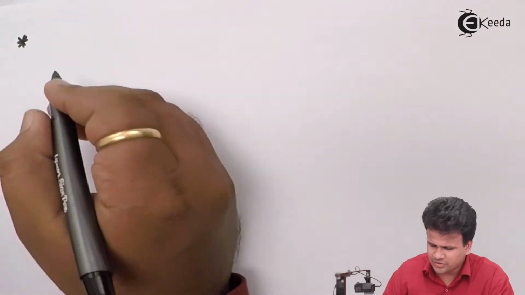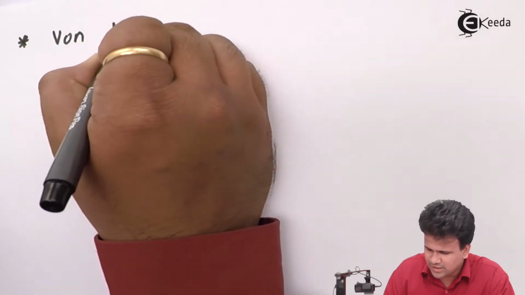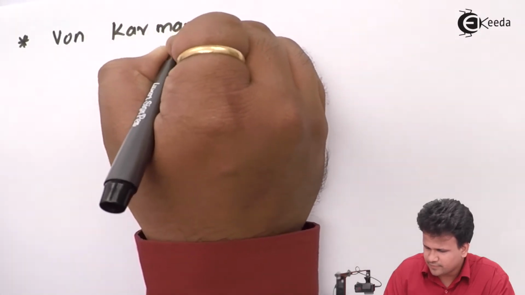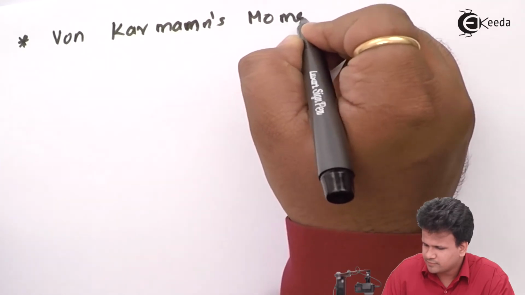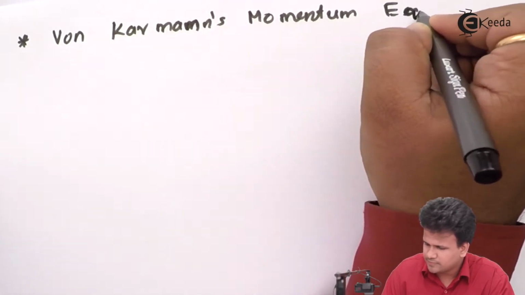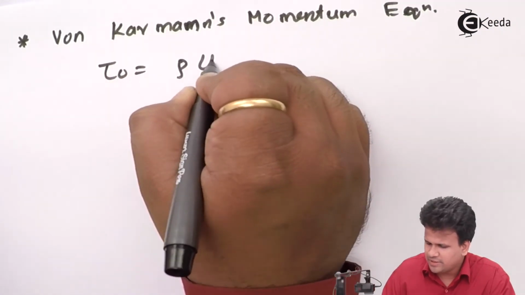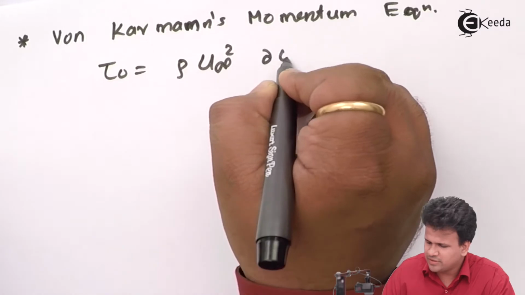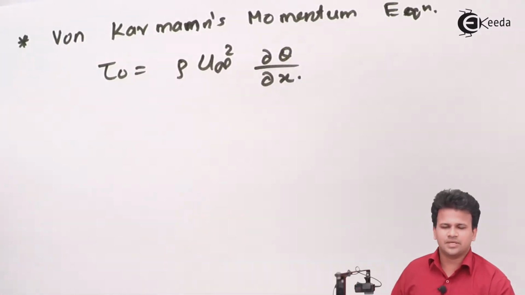So first we'll write von Karman's momentum integral equation. This states that tau is equal to rho into u infinity square dou theta by dou x. So this is the equation.